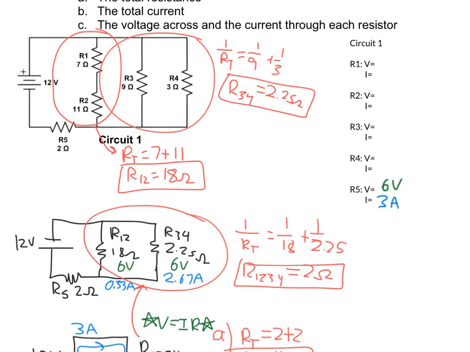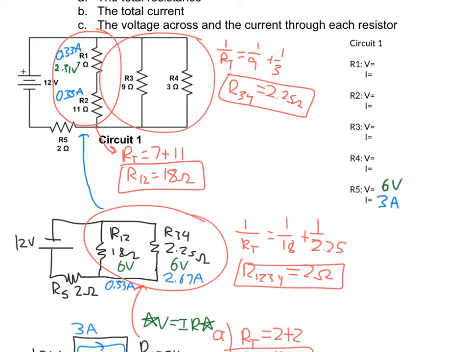Alright, so now we're going to step things back one more, and so we're going to think about the fact that this R12 really came from 1 and 2 connected in series, and so each one will get that full current, which is 0.33 amps. So each one gets that current, and then we can use Ohm's law to go ahead and find the voltage across each one. And so for the R1, which is 7 ohms, we do 0.33 times 7, and we get 2.31 volts.